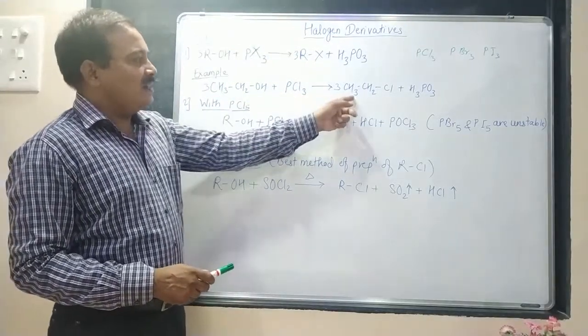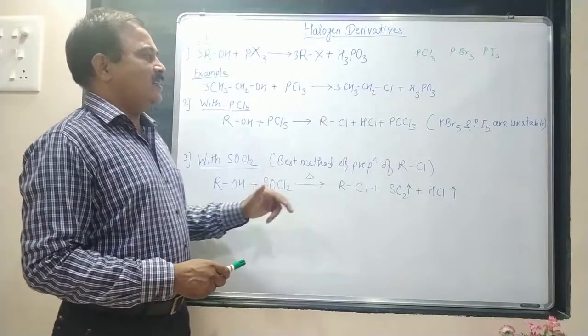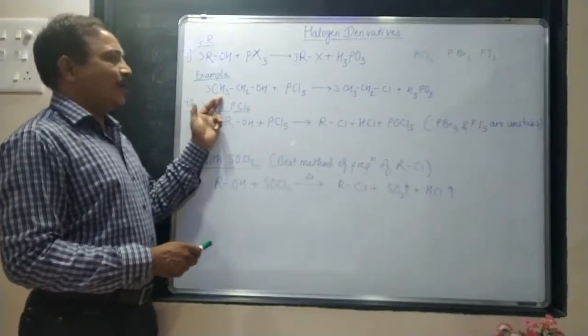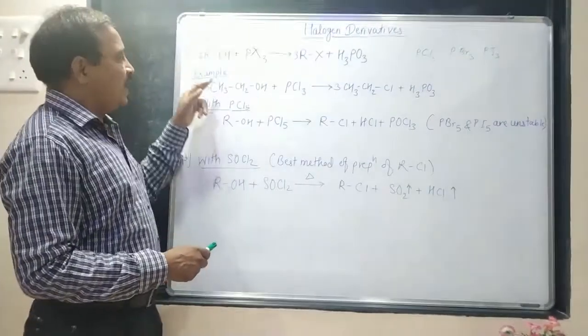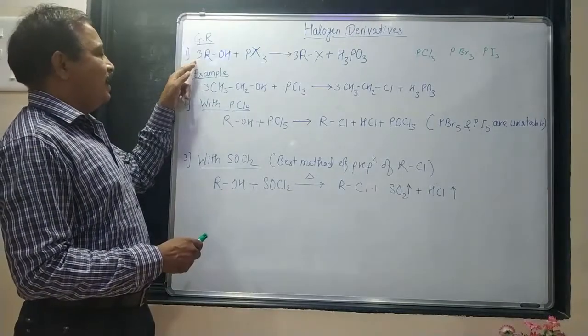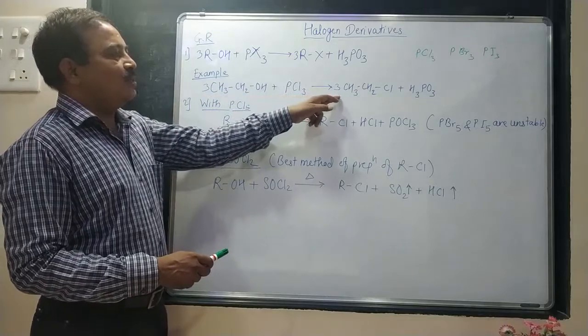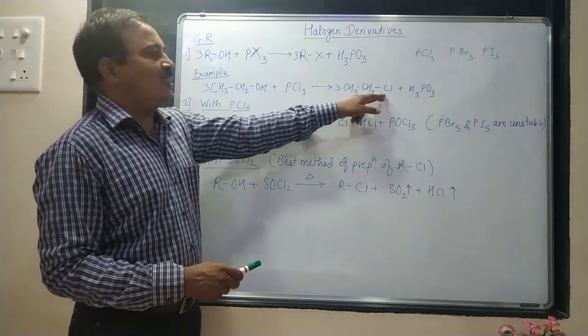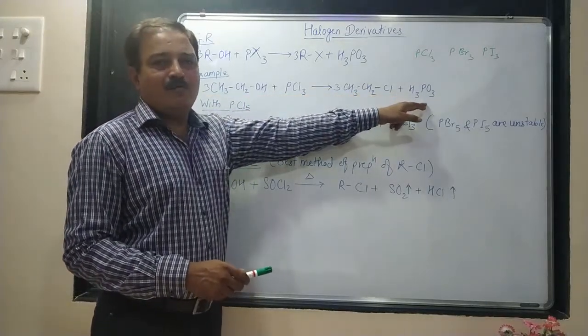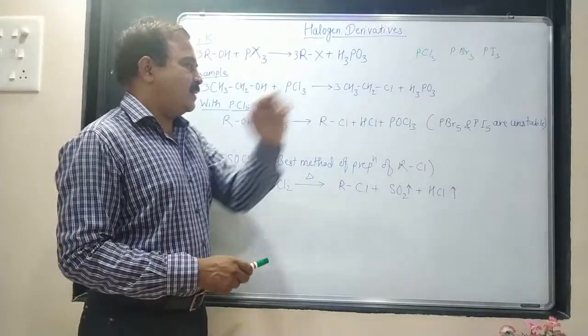As ethyl chloride is asked, obviously we have to take ethyl alcohol. This reaction must be learned. So ethyl alcohol plus PCl3 gives CH3CH2Cl plus H3PO3, phosphorus acid.